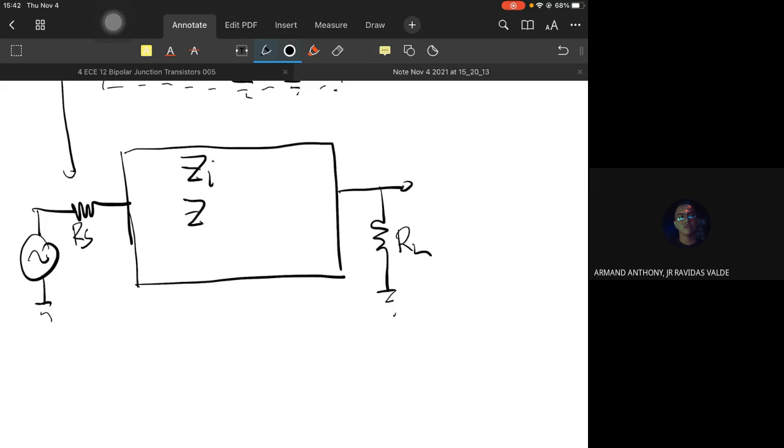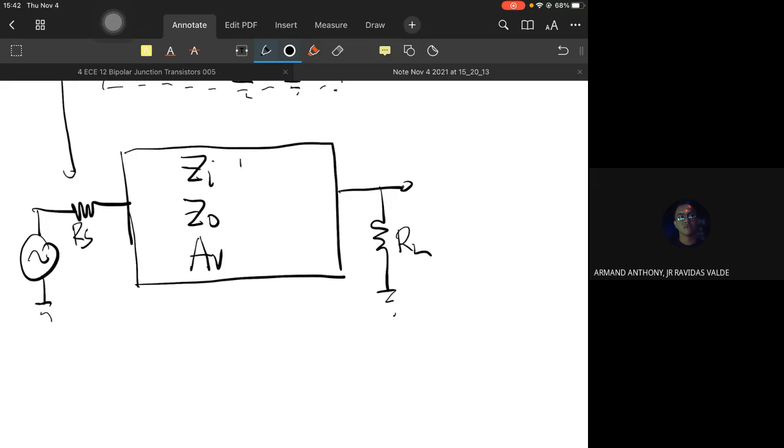These are ZI, ZO, and AV. Like earlier, we designated it as G, but AV is more common. AV or G, whichever, depends on the user. These are the three most important parameters of an amplifier.